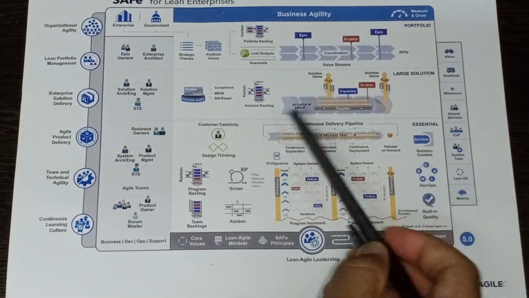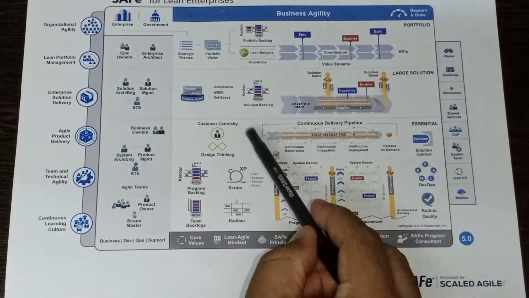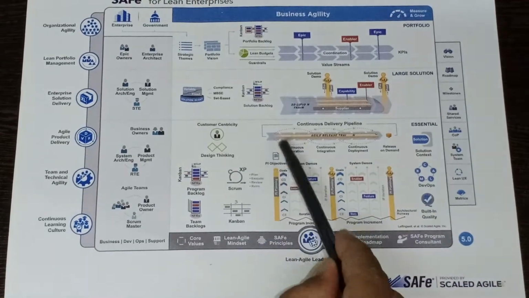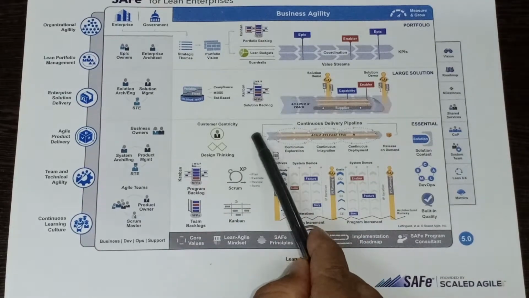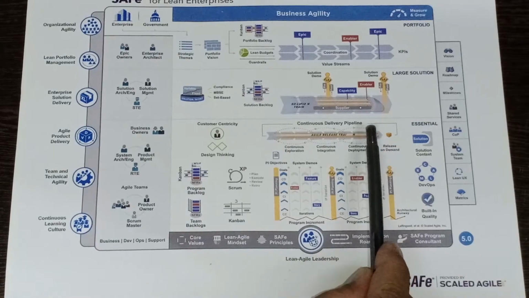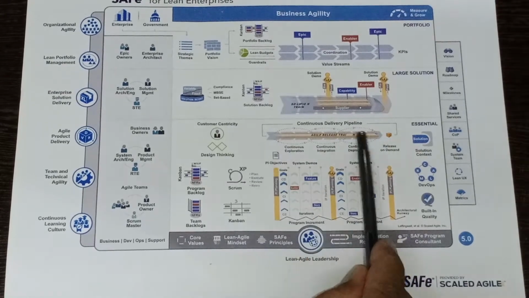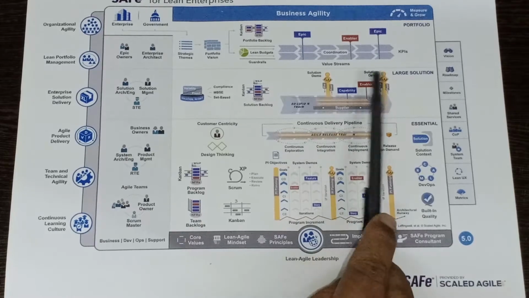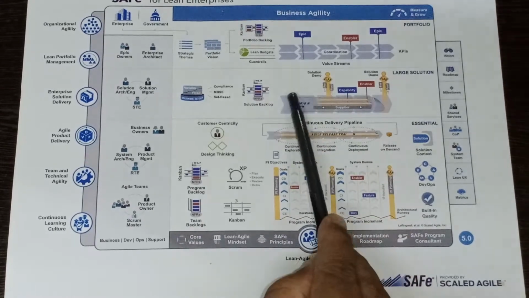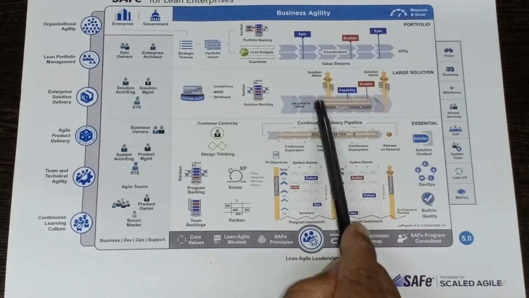And now getting into the essential configuration, as I said, we have a role called release train engineer. He coordinates the complete coordination within one particular agile release train. And if you have more than one agile release train, which we call ART, then we should normally go for large solution. So large solution primarily has more than one agile release train.